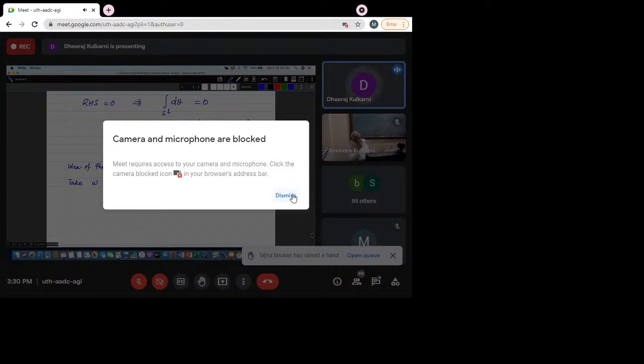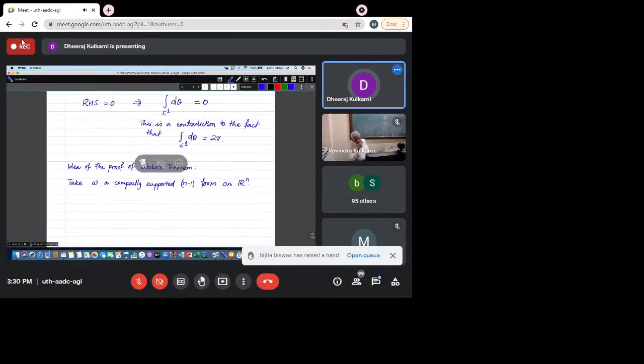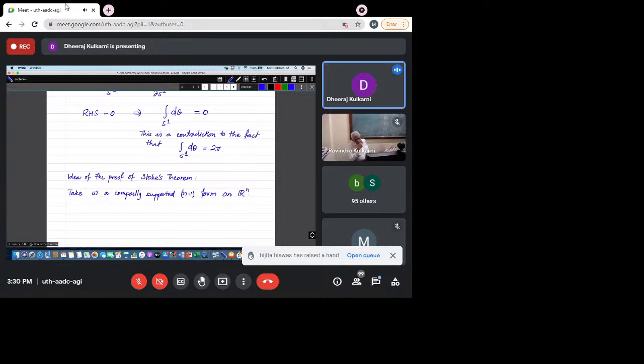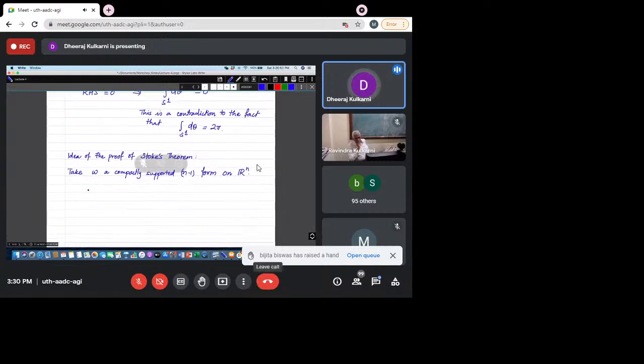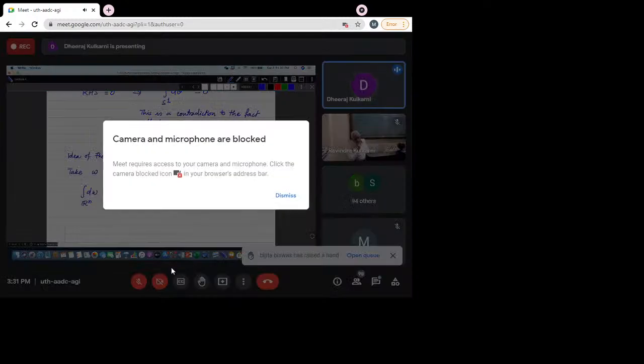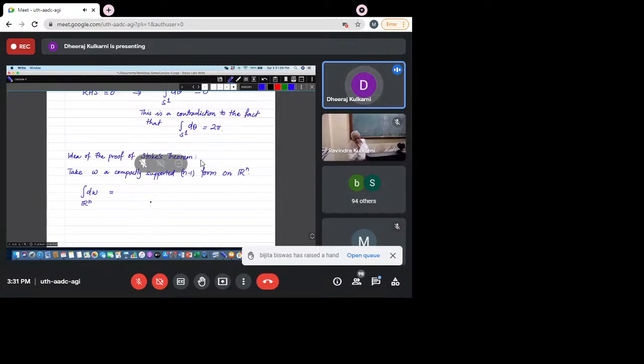This is the case of the open manifold, as one of you pointed out. When we integrate d omega on Rn, because omega is compactly supported, there is some large cube such that the support of omega is within that large cube.